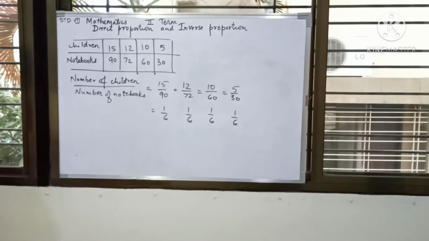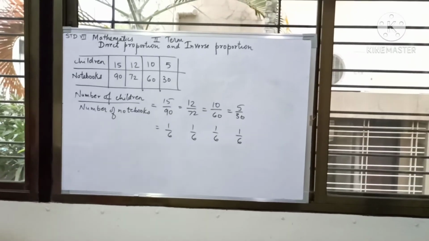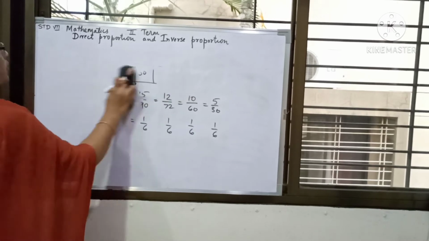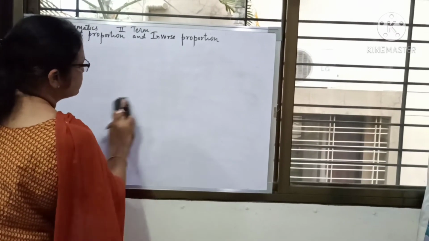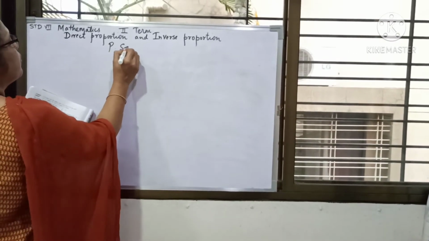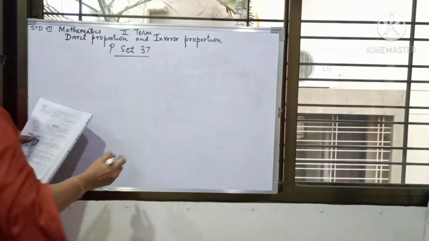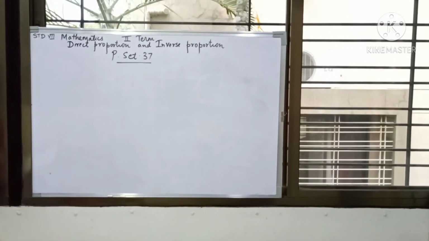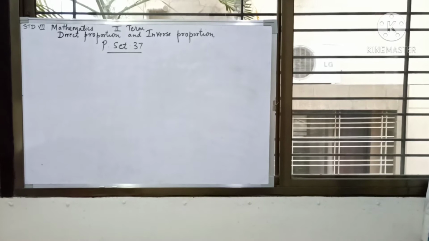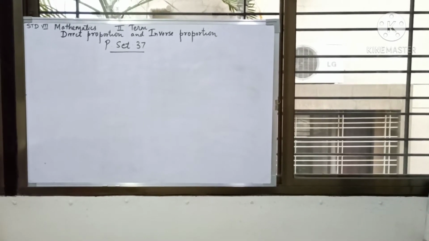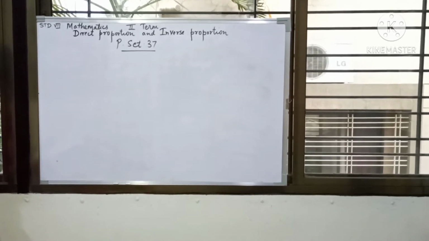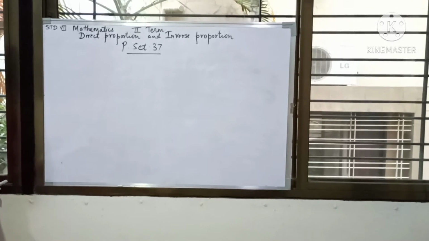Exercise number 37. The first sum: if 7 kg onions cost 140 rupees, how much must we pay for 12 kg onion? So here the cost of onions is directly proportional to the weight of the onions.